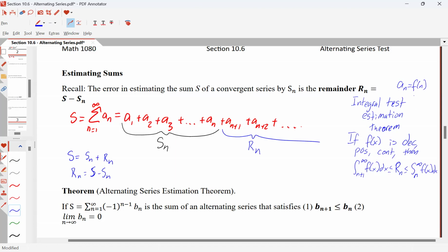And we did not have anything for the comparison test, but we will have something for the alternating series test.